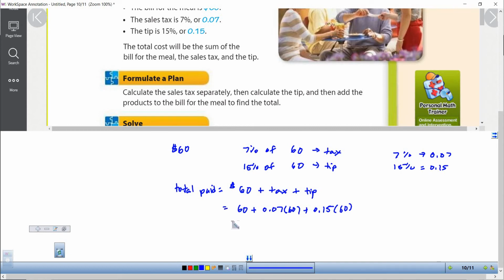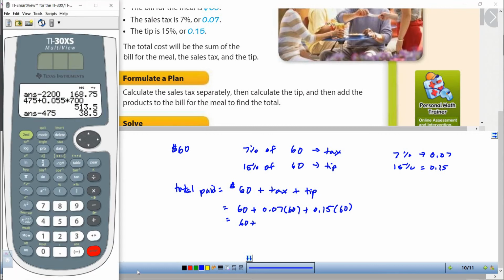So if we put all that into our calculator, we can get the answer. Now I'm going to do it separately just so we can have those parts answered if they were to ask us separately. Okay, what is the tax? 0.07 times, not plus, excuse me, let me clear that out. 0.07 times 60.